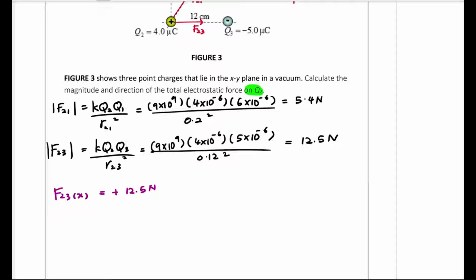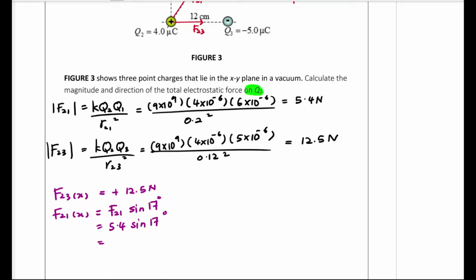But F21, we need to resolve, right? X component, I'll use the color purple as well. F21 in the X component is F21 sin 17, 17 degrees. F21 we calculated earlier as 5.4, so 5.4 sin 17. Make sure your calculator is in degree mode.